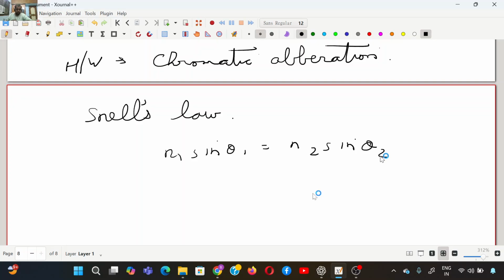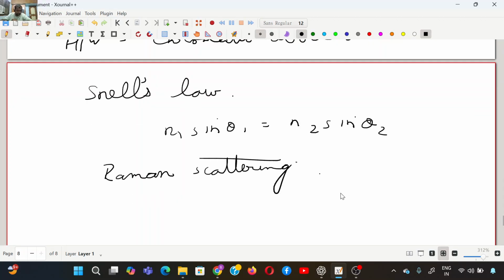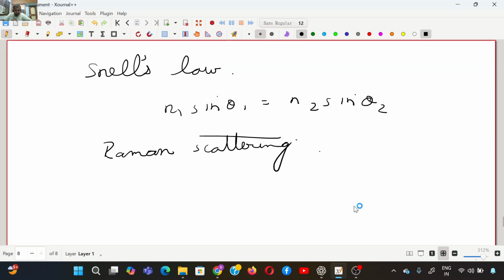If you want, you can go through Raman scattering also. The other thing is that I want to clear a misconception. People generally think that high energy photons appear brighter than low energy photons, but that's not correct.